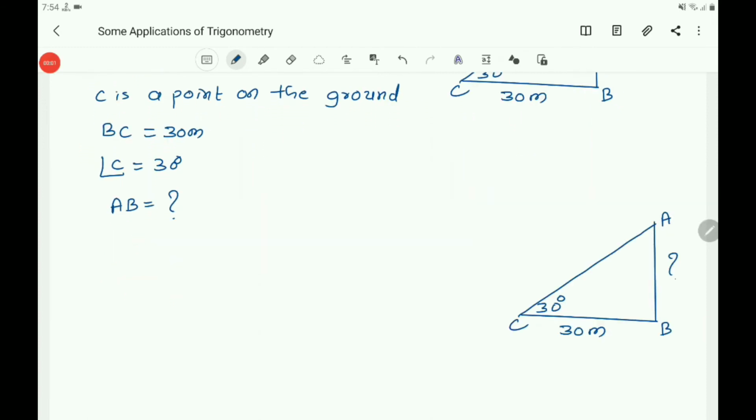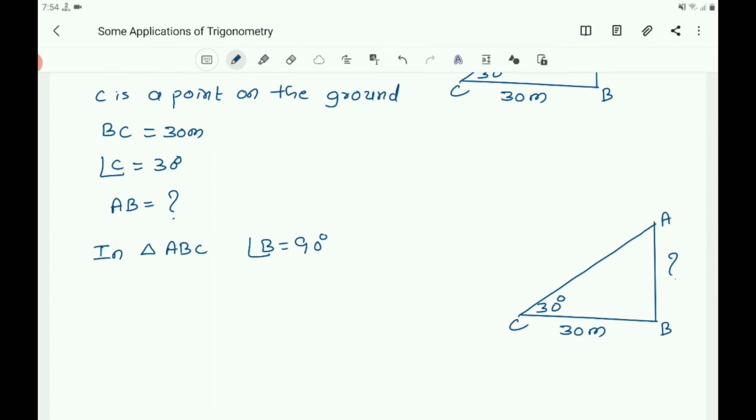So you take in triangle ABC, angle B equals 90 degree. Here angle C is the acute angle, this is 30 degree.